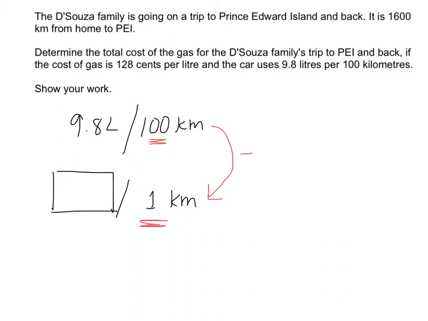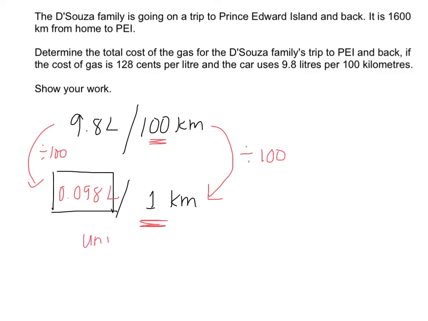So 100 divided by 100 is equal to 1. Well, if the second term was being divided by 100, what do you think you need to do to the first term? That's right, we would also need to divide this by 100. 9.8 divided by 100 gives us 0.098. Therefore, the car uses 0.098 liters for every 1 kilometer.